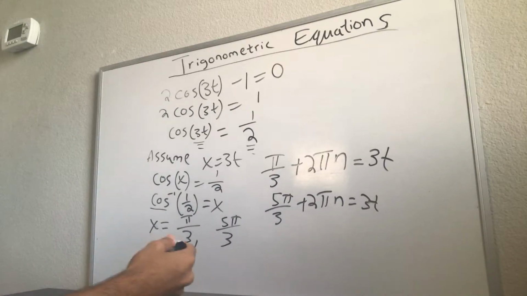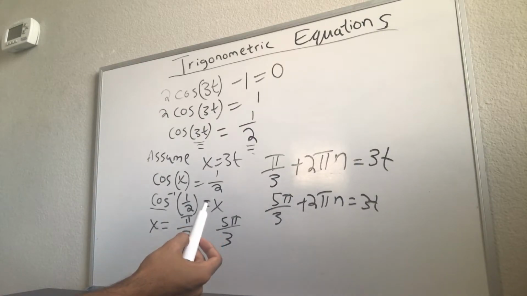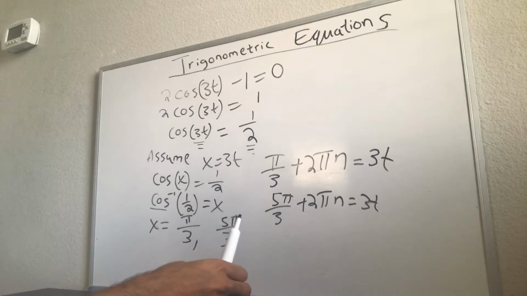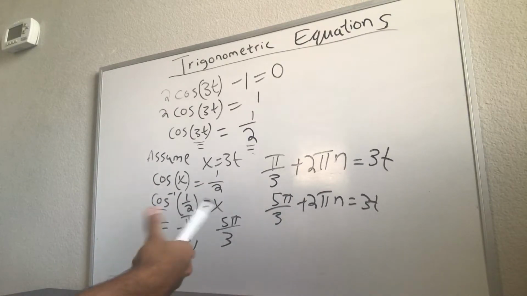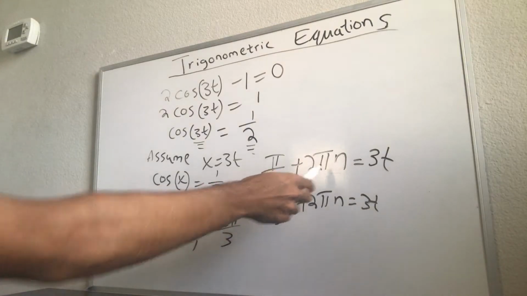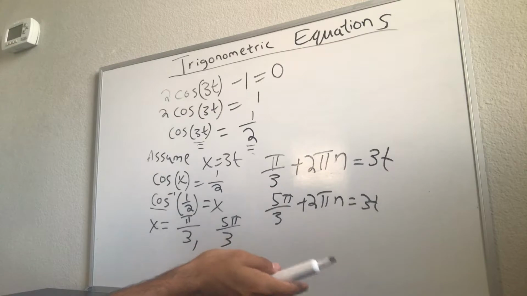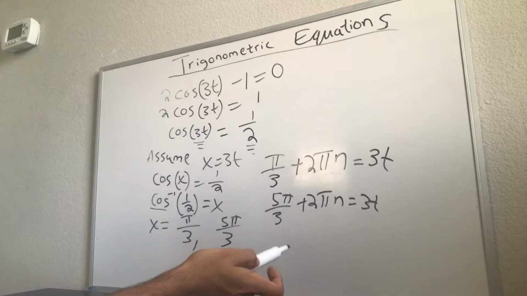But the fact that it represents 3t indicates that t will definitely be a smaller value. And if we want to see exactly which values exist so that we don't miss any, we have to do plus 2 pi n to get as many values as we possibly can, where n is just an integer.